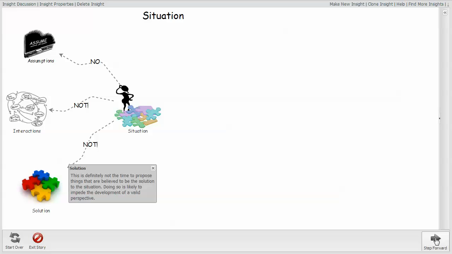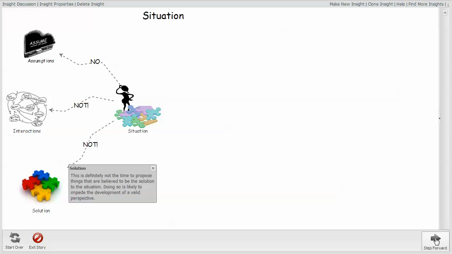Oftentimes we merge too many different aspects or perspectives together, and before we really have a good solid awareness or definition of what the situation is that we want to deal with, we're making lots of assumptions about what caused that situation and what the solutions are, and we sort of get ahead of ourselves, and we promote a level of confusion that's not beneficial in trying to actually understand the situation and what causes it.